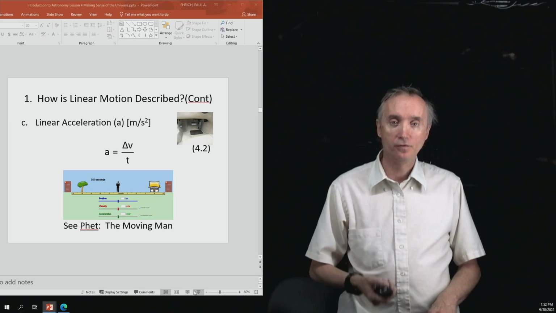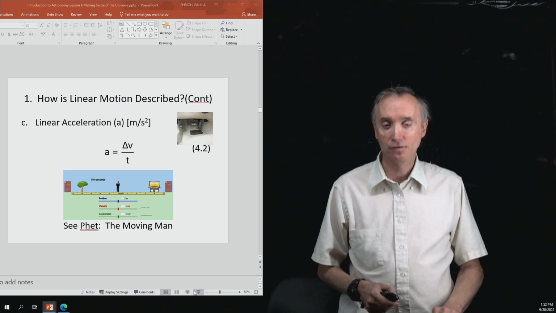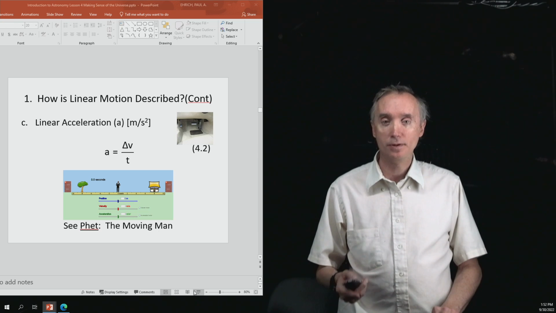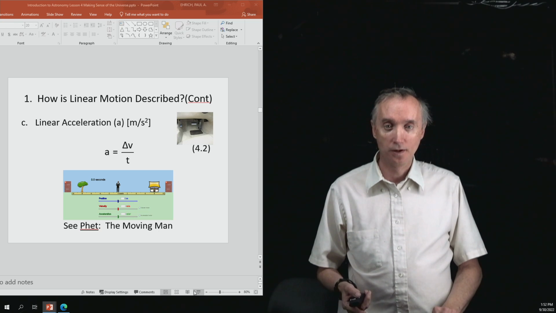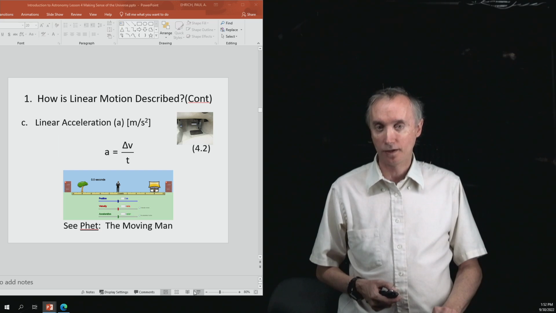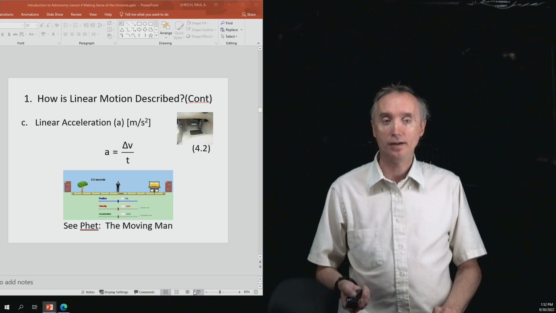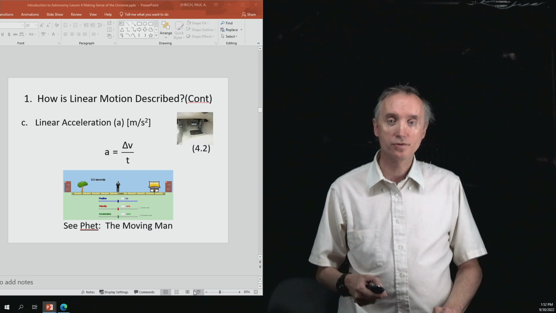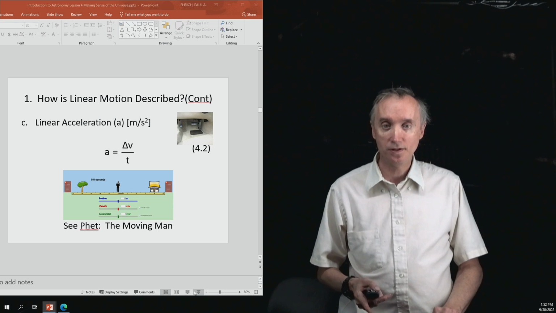If you look at that formula, A stands for acceleration, and V stands for speed, your velocity. But what's that triangle in front of the V? That means change. Acceleration changes your speed in a certain amount of time, and that's what the T is.